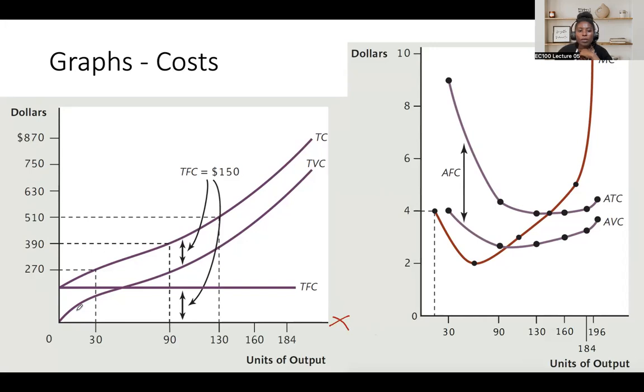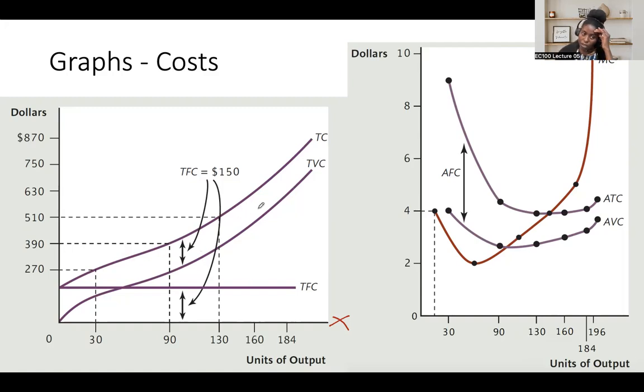So you basically bring this from the table. As you see, total fixed cost is the same at 0, 30: 150, 150, okay? And then total variable cost, total cost. So just draw and see what the trend is like.